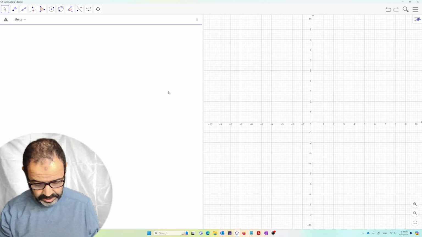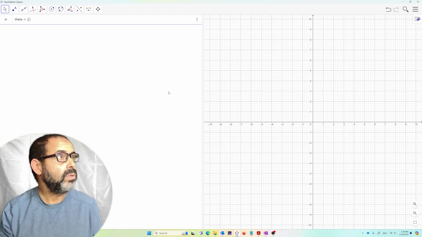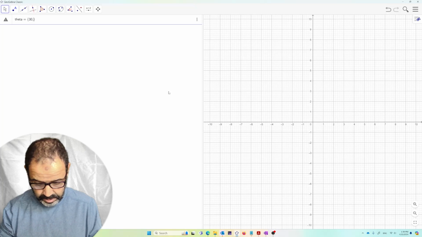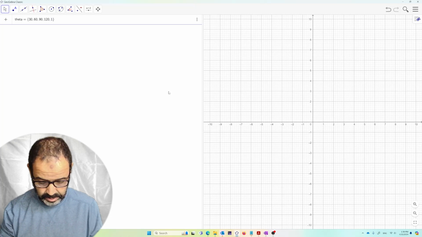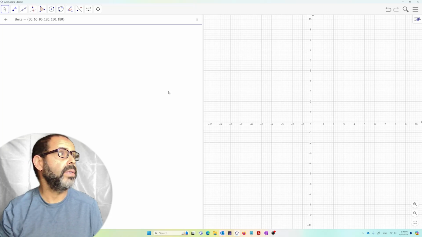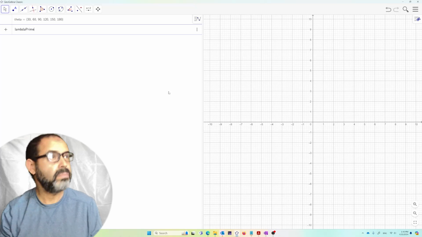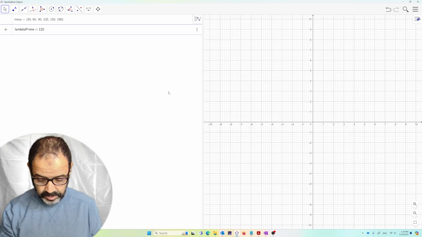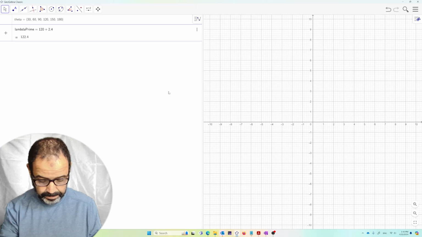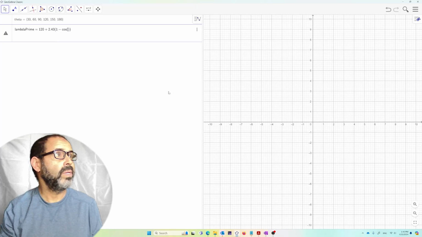So basically this is the angle. The only problem with this GeoGebra business is that the angle has to be converted to radians, because sometimes it doesn't work great in there. So the angles are 30, 60, 90, 120, 150, and 180. They want to find lambda prime, so I'm going to call it lambda prime, using GeoGebra, of course. 120, everything is in picometers, plus 2.43 times 1 minus cosine, and here is where I need to be careful.